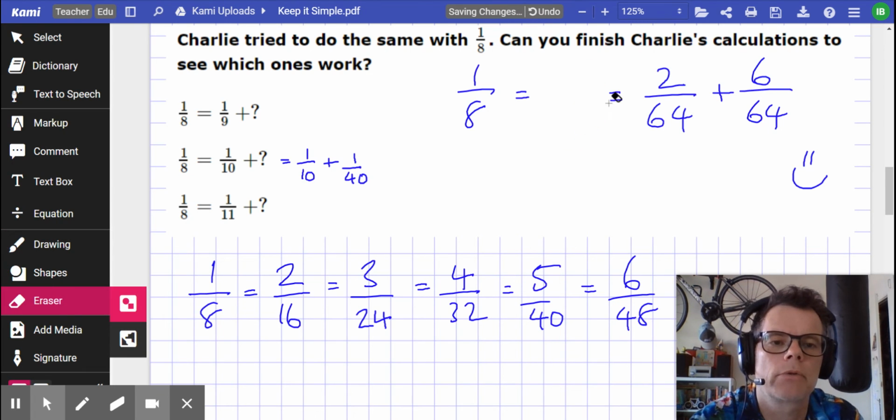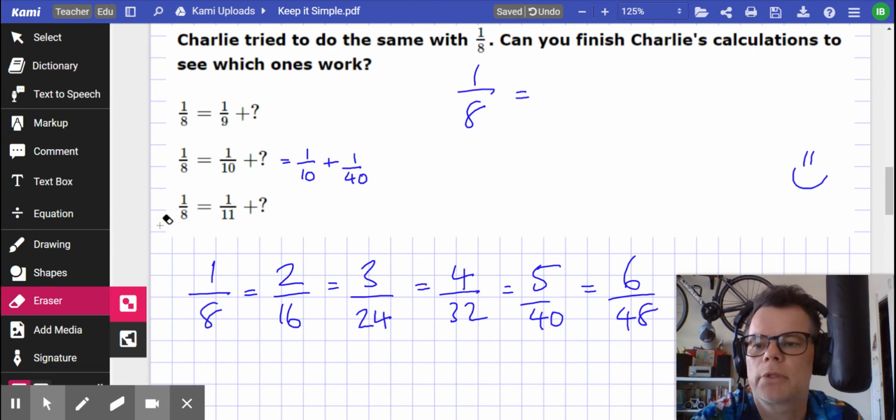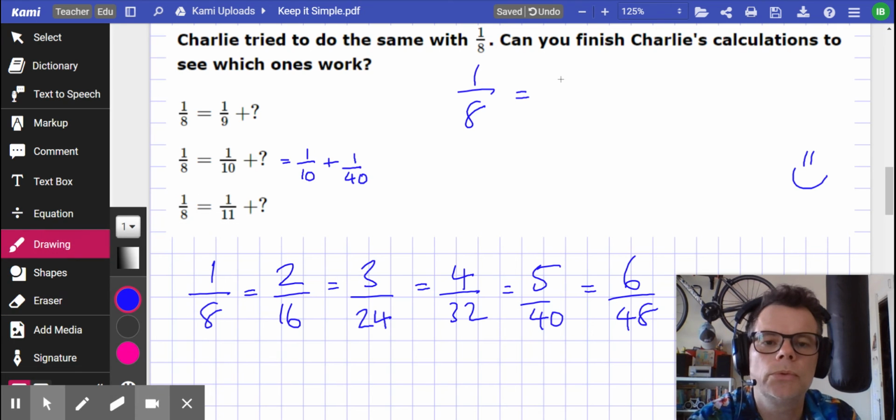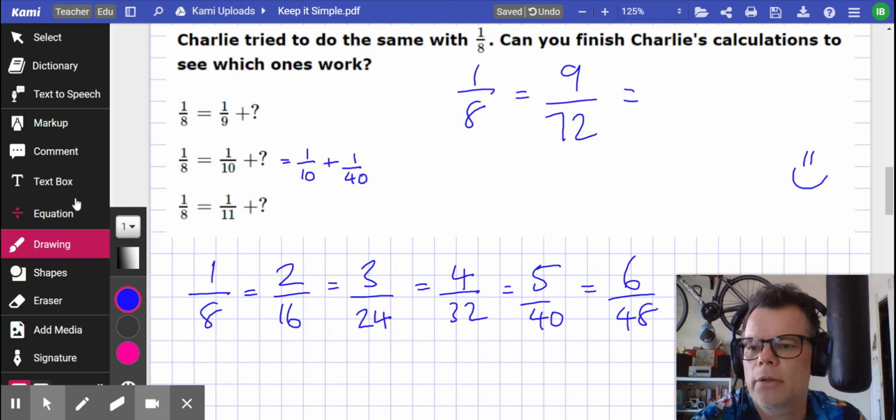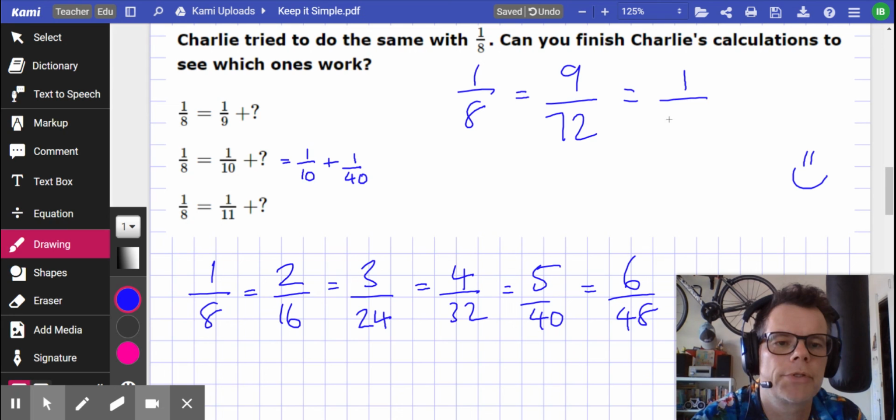That was 8. What can we do next? Should we do 9 next? Let's have a look. 9 eights are 72. Here we go. I could do 1 and, hang on, I think I've got something. Can I do 1 over 72 plus 8 over 72?